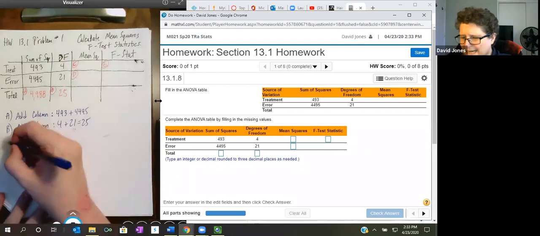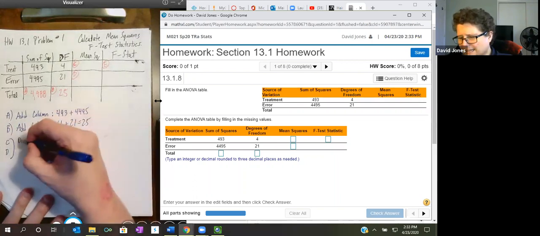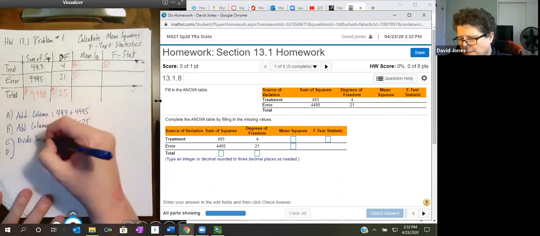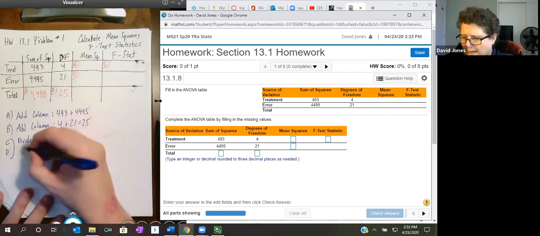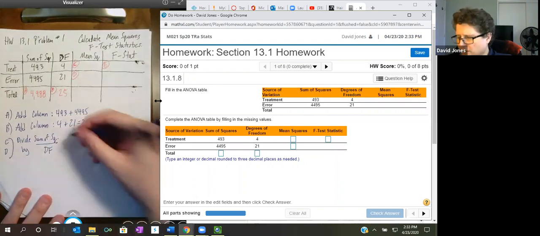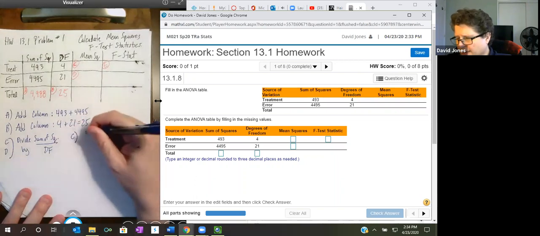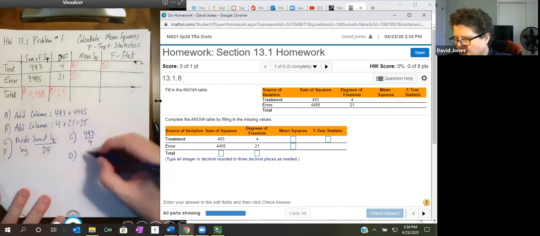On C and D, divide the sum of squares by the DF. So C, I'm going to have 493 divided by 4. On D, I'm going to have 4495 divided by 21.